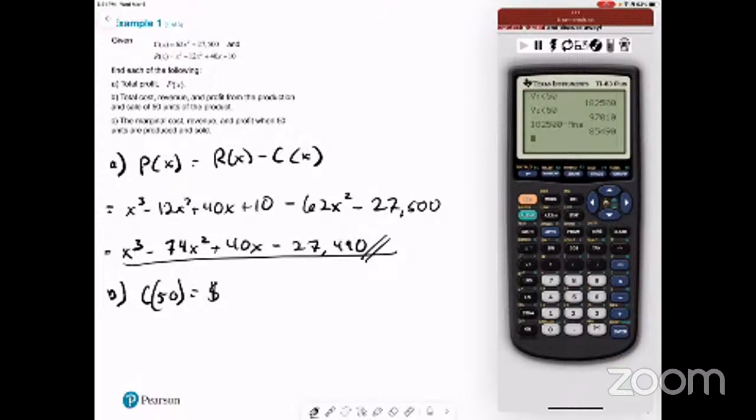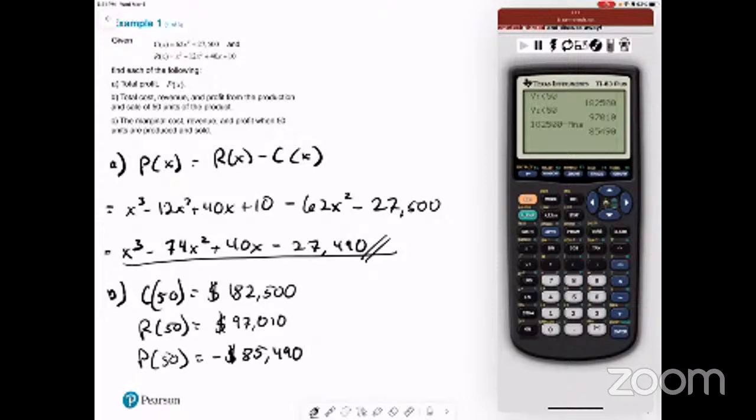I got that the revenue generated if we produce and sell 50 items is 97,000. Okay. And then the profit, if we say the revenue minus the cost, we're getting a negative. We're in the hole. 85,490.